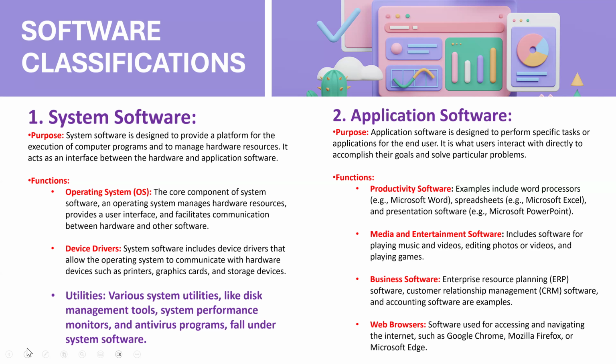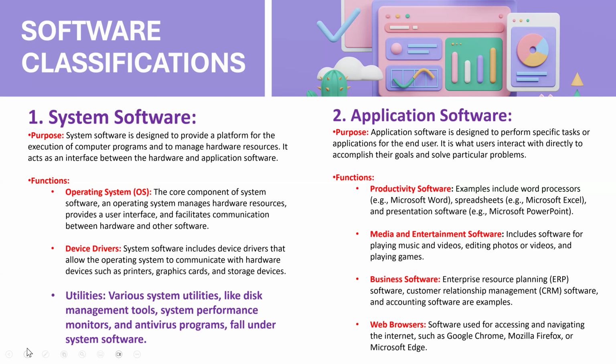Drivers allow the operating system to communicate with the hardware, like the graphics card, the printer, the storage devices. If you don't provide the updated driver, your computer might malfunction.